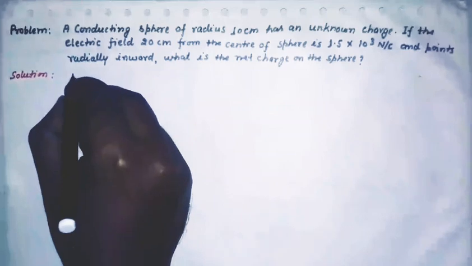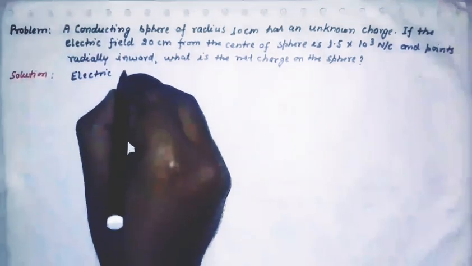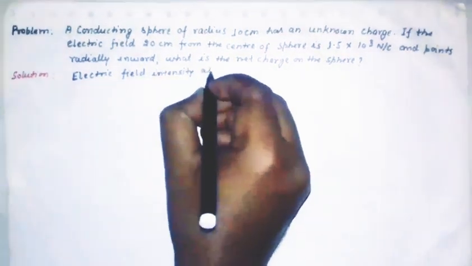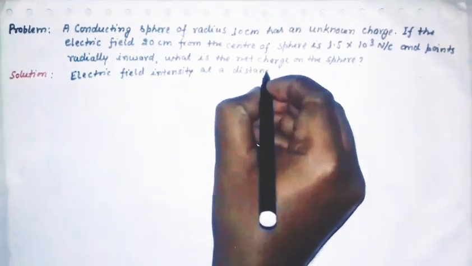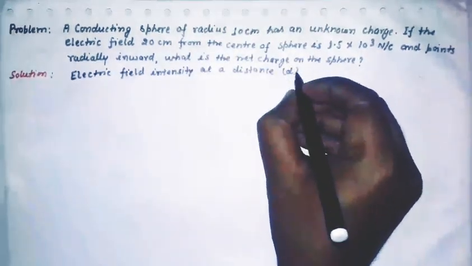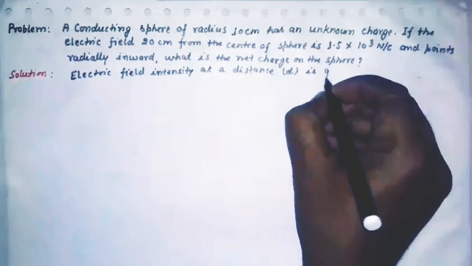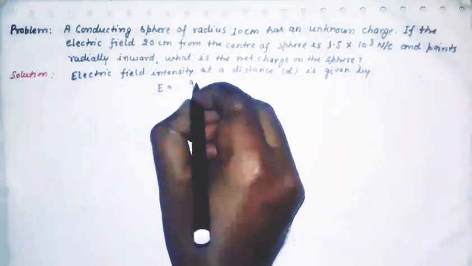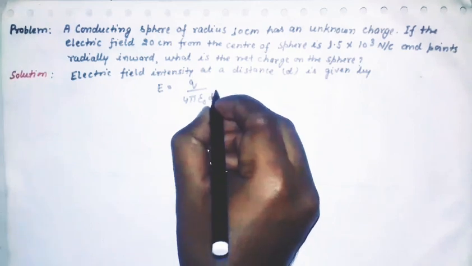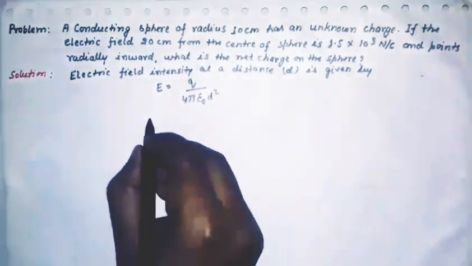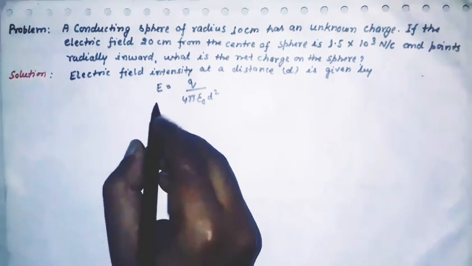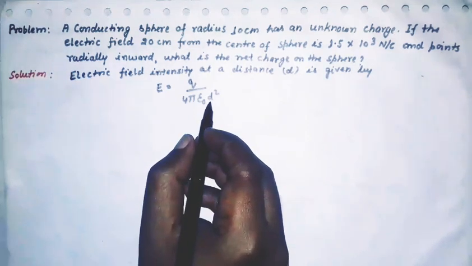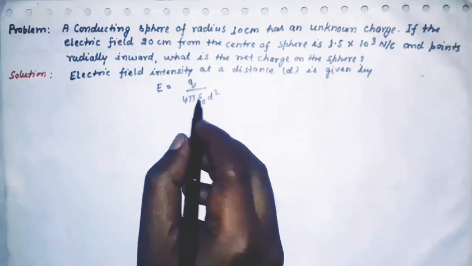So the electric field intensity at a distance D is given by the formula E equal to Q upon 4 pi epsilon naught D square in case of a sphere, where Q is net charge, D is the distance from the center of the sphere, and epsilon naught is the permittivity of free space.